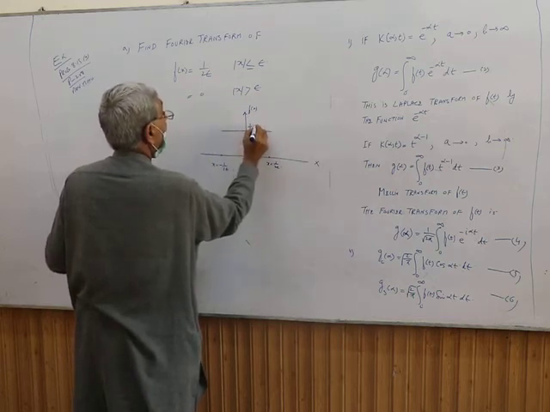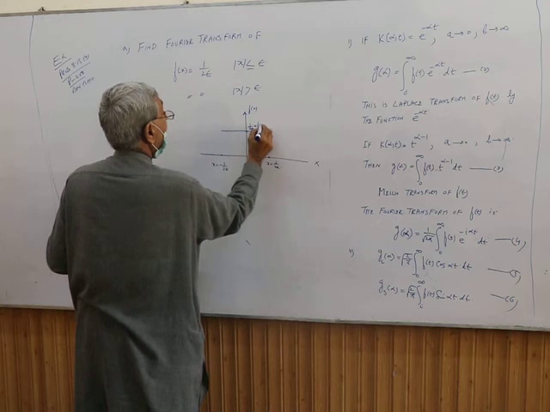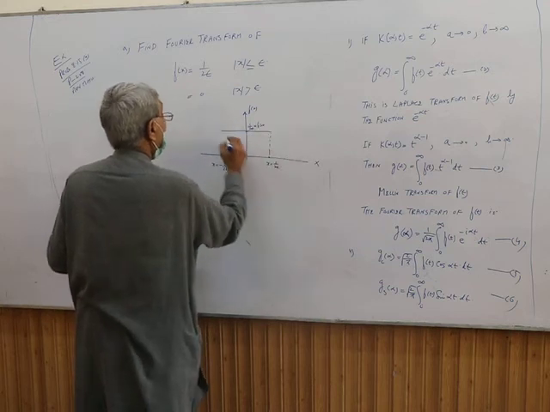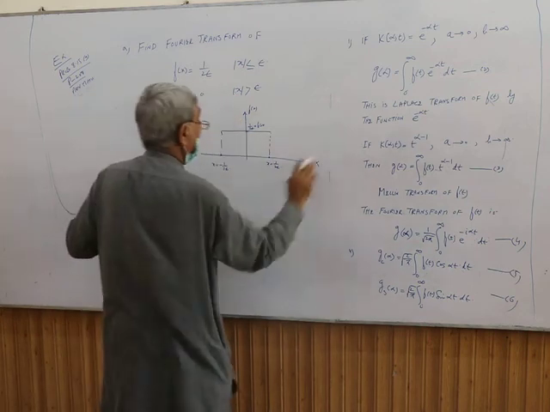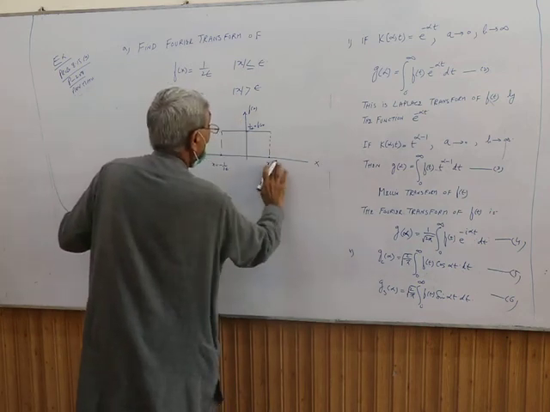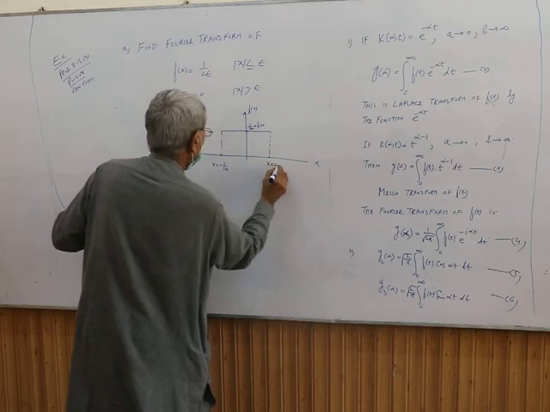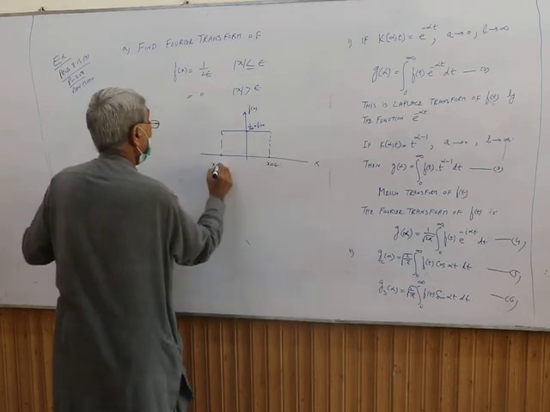That is f(x). And outside this, when it is greater than epsilon, this should be epsilon and this should be minus epsilon.